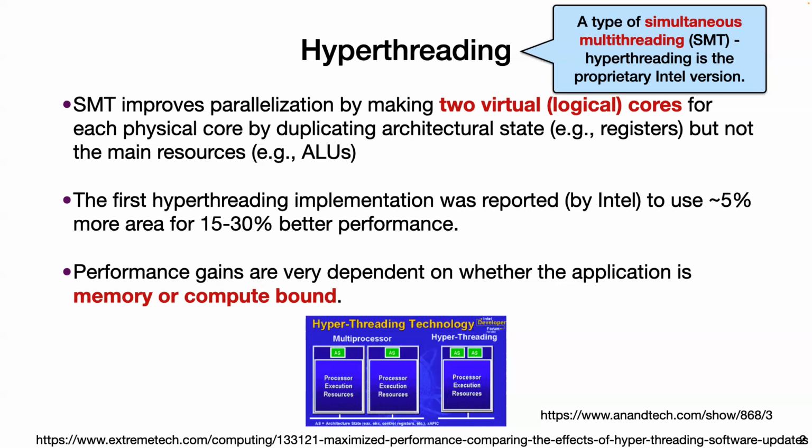Sure, but that wouldn't affect the amount of flops, the floating point operations you can do, for the same amount of ALUs, right? If you were able to saturate all the ALUs already with one set of registers, then it wouldn't help you. Okay, so that would be a memory bound thing, and then it wouldn't help. Is that what it is?